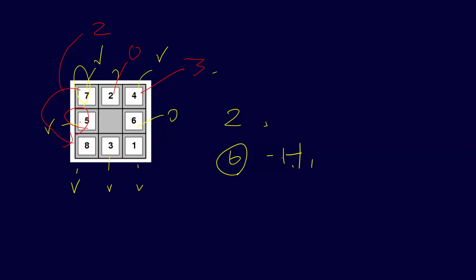And 5 needs to move 1, so it's 1. 6 is in the correct position, so it's 0.